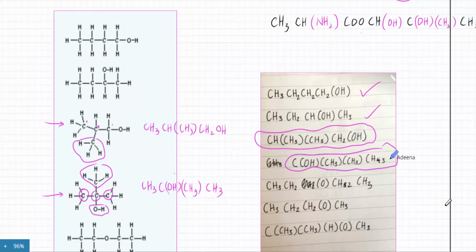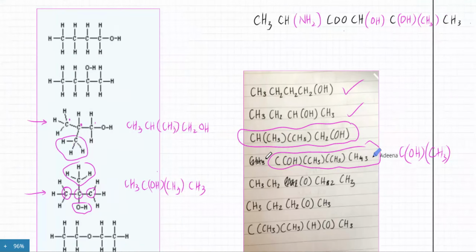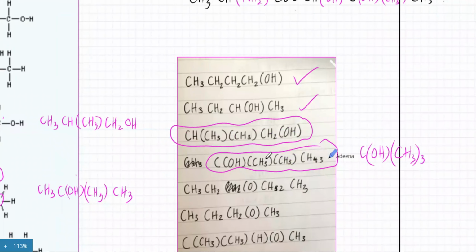Now remember one thing that you could have done. Since you were just looking at the middle carbon atom and you wrote that there were three CH3s next to it, you could have written it as C and there's OH, right? If it's the same branch that's repeating over and over again, you just write three.